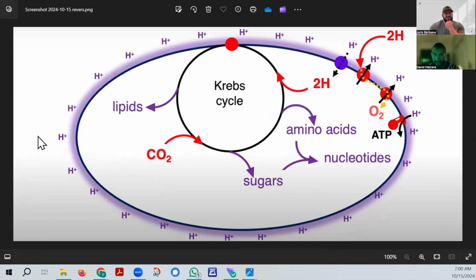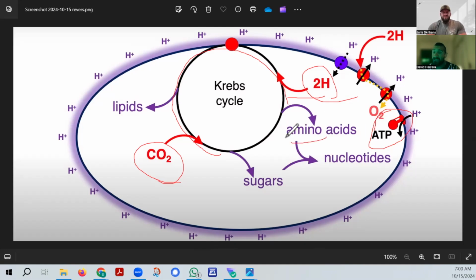So we are now moving counterclockwise. We are taking in CO2 at that point. We're taking in hydrogen. We're not making nearly as much ATP, but we are still manufacturing amino acids and nucleotides.